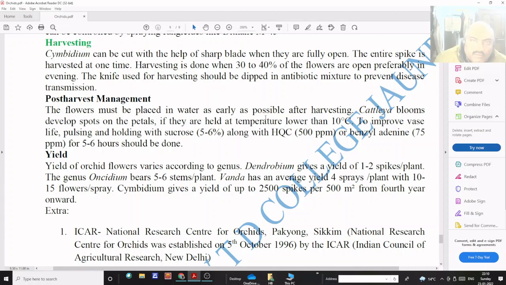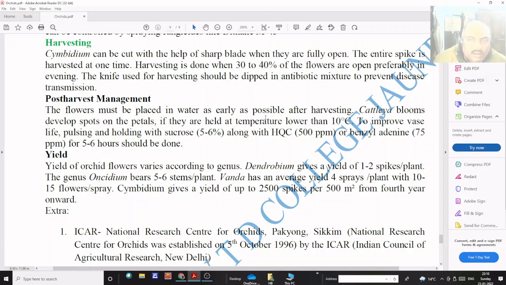Yield varies according to the type of orchid, that is its genus, other management practices, insect pests, and many other factors, soil and agroclimatic conditions prevailing during the cultivation time. So it is all about the cultivation of orchids and its management.